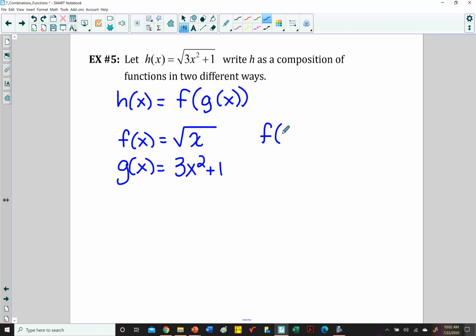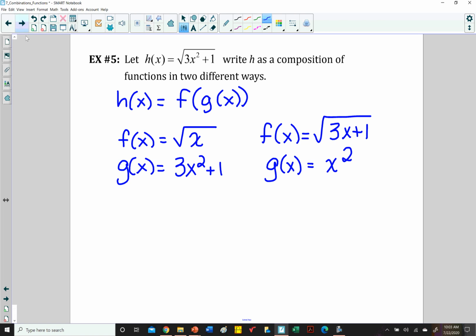Can you see another way? What if you had 3x plus 1 under a radical, and you substituted x squared into that function? So 2 different ways you can look at that.